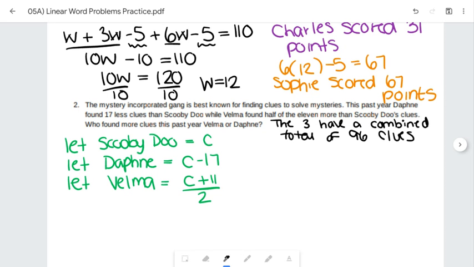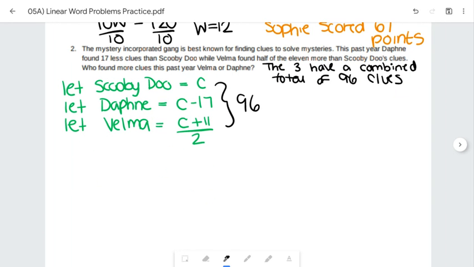So they have a combined total of 96 clues. Usually it's in the problem. That just was forgotten on my part to throw in there. But we're going to take all these and add them up together.